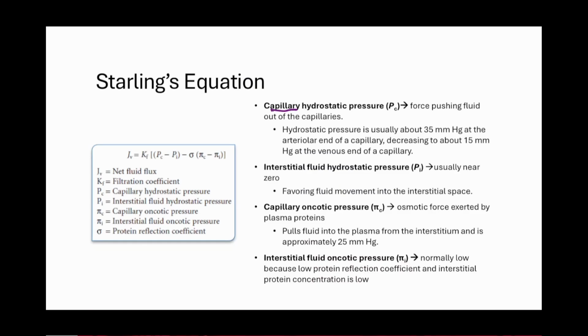We have capillary hydrostatic pressure, and that's always going to be the big P. Big P refers to the hydrostatic pressure, and it's the force pushing fluid out of the capillaries. So this is favoring filtration. This is the push. Hydrostatic pressure is usually 35 millimeters of mercury at the arteriolar end.